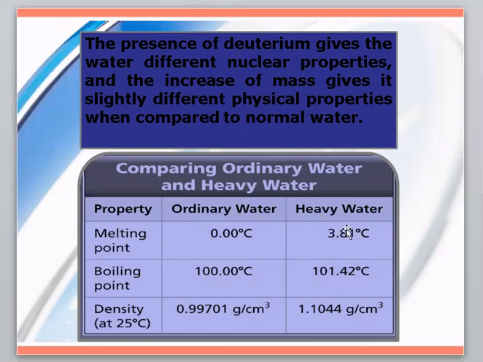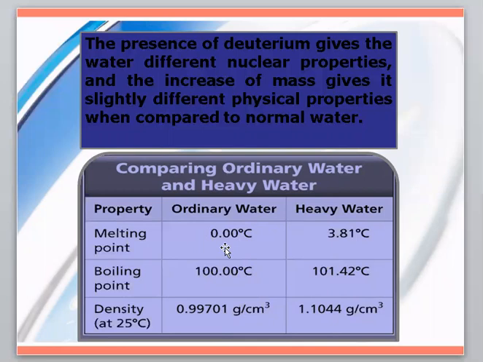If water has the deuterium type of hydrogen, it is known as heavy water. Now, a rough comparison of physical properties of ordinary water, which has protium, with heavy water, which consists of deuterium.